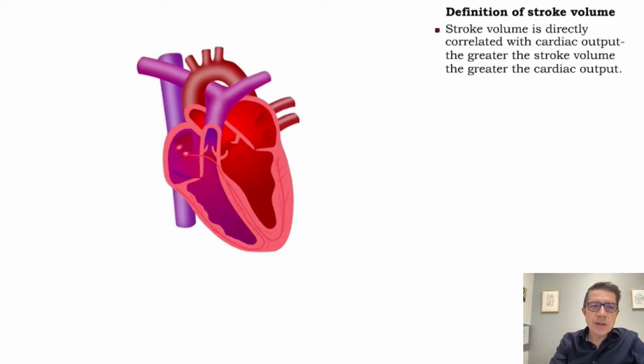The other part is the right part of the heart, which is the blood that returns after the circulation, and it returns through the vena cava, the superior and inferior vena cava. Those big veins bring back to the heart the venous blood, which is high in CO2 and low in oxygen.